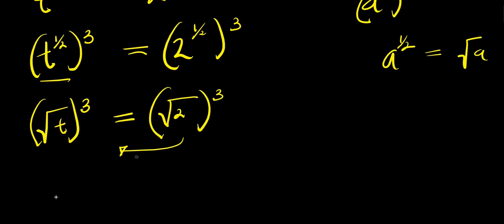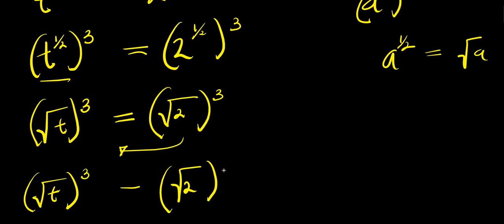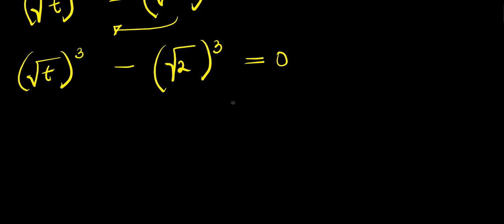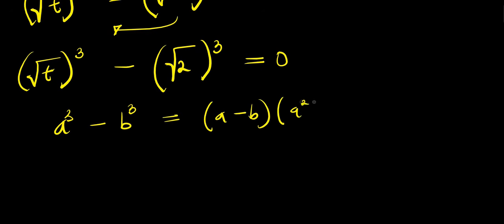We move this over here: square root of t power 3 minus square root of 2 power 3 equals 0. Now, if you have a power 3 minus b power 3, this equals a minus b times a squared plus ab plus b power 2.